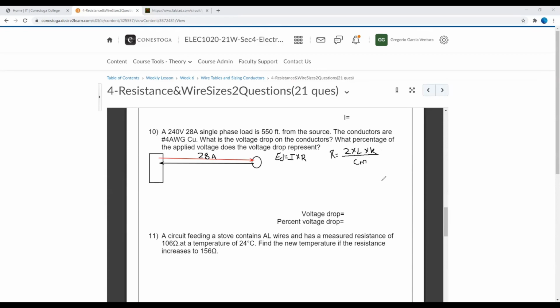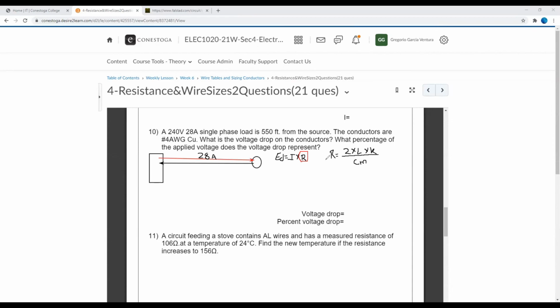Now that I show you this formula, we can see, and I'm just going to do something quickly here, and I hope that you can follow through. Can you see this R? We said that the voltage drop is equal to I times R. Fair enough?